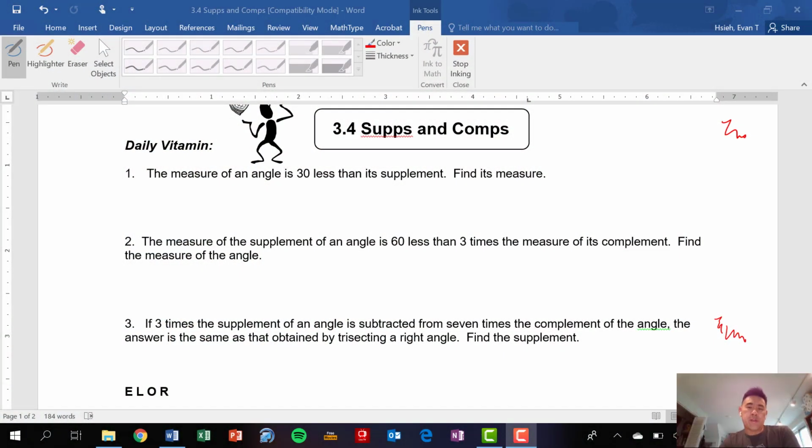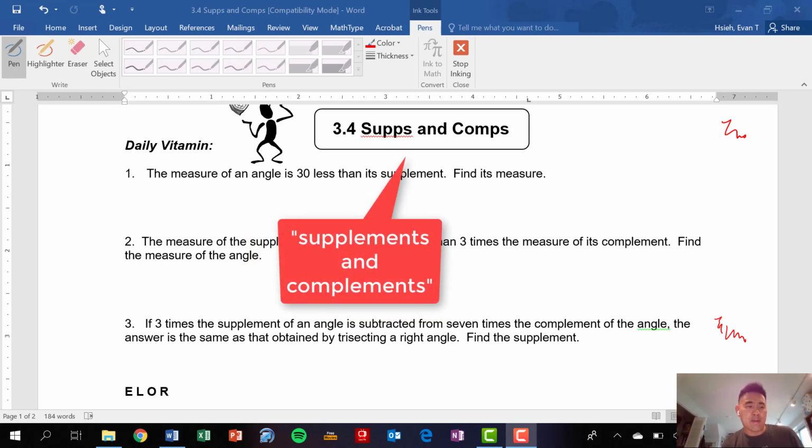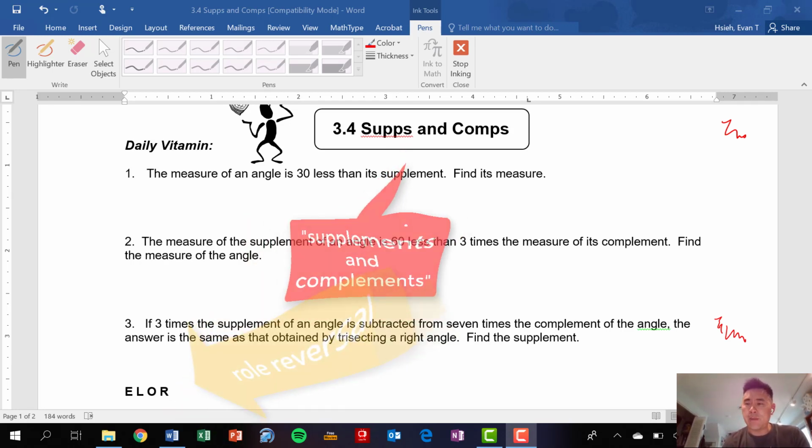Okay, section 3.4 is one of the more complicated sections in chapter 3, so you're going to want to pay attention. It's talking about supplements and complements, which you may or may not have heard the terminology in the past.